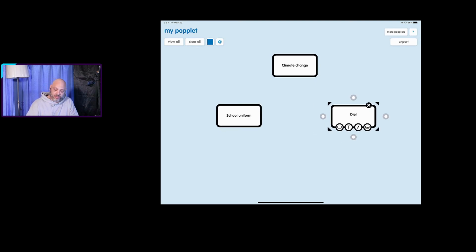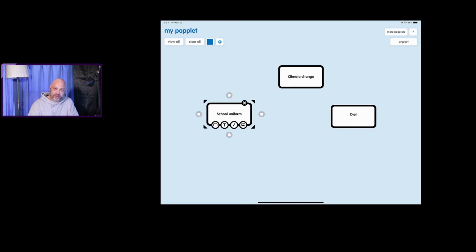So if you want to talk about climate change, that's fine, but we need to talk about climate change much more specifically, because you can't talk about global climate change in any reasonable way in 2 pages. Basically, it'll take you 2 pages to say, yep, climate change, right? Or school uniforms, or even diet. So these topics are okay, but they're too big.